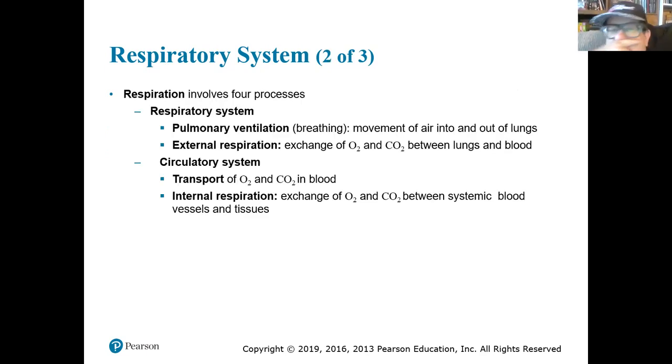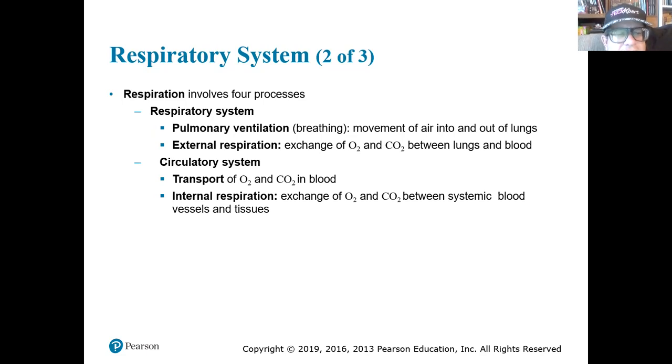All right, so there are 4 processes in the respiratory system. Pulmonary ventilation, that is the moving of the air in and out that we just talked about. External respiration, that is the exchange of gases between that air, which is now in the lungs, and the blood.